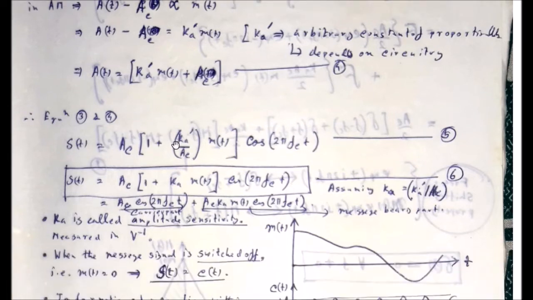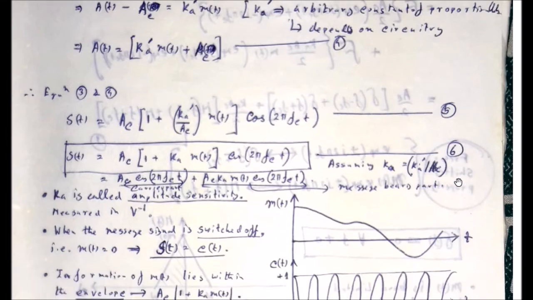Now Ka dashed is one constant, which depends on the circuitry, and A_c is the amplitude of the carrier signal, which is also constant. So if you consider this whole ratio as a single constant Ka, then your expression will become this one, and this is the general expression for amplitude modulation.